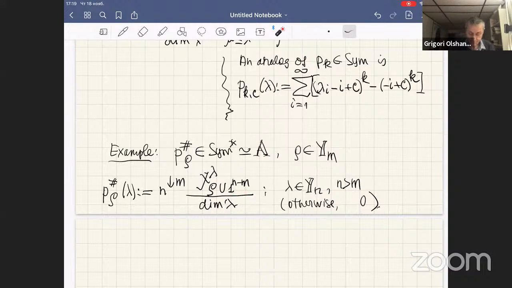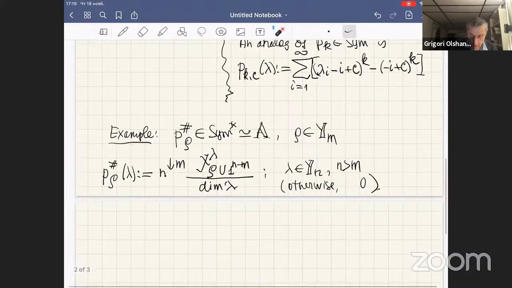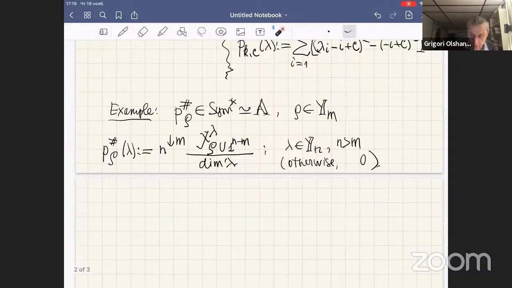Okay, so the claim is that it is again an element of this algebra of regular functions, or, in other words, shifted symmetric functions.